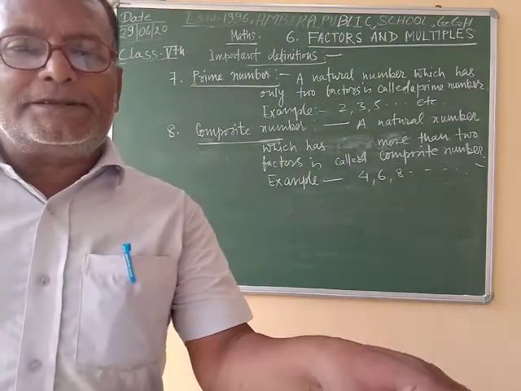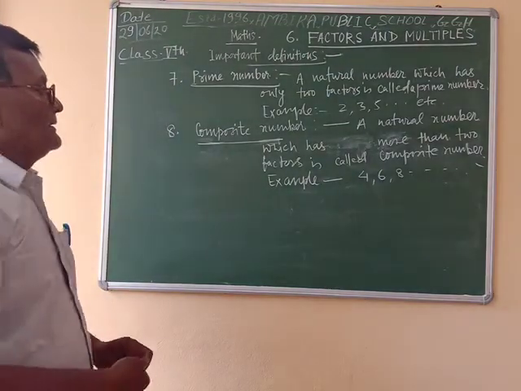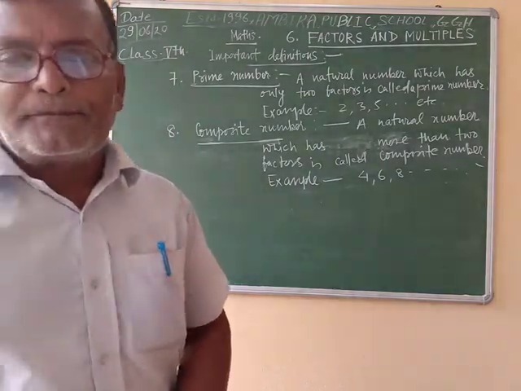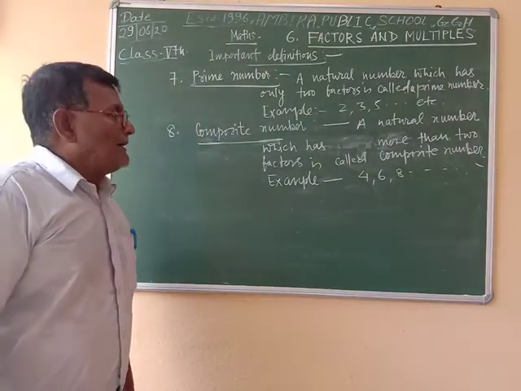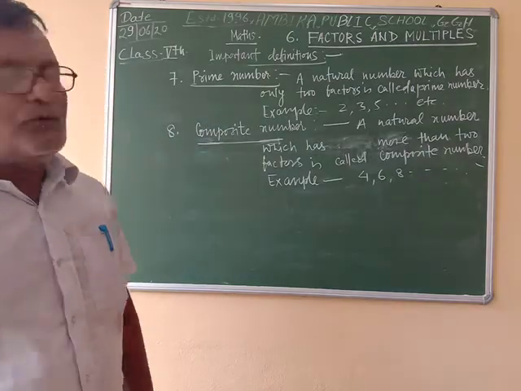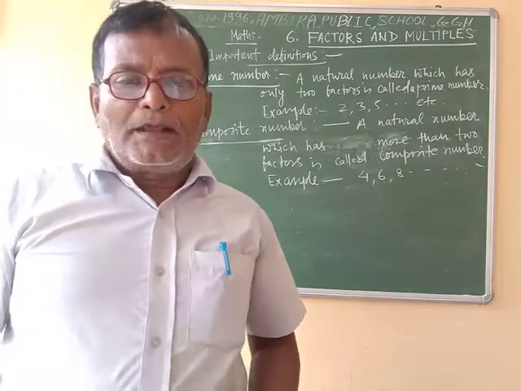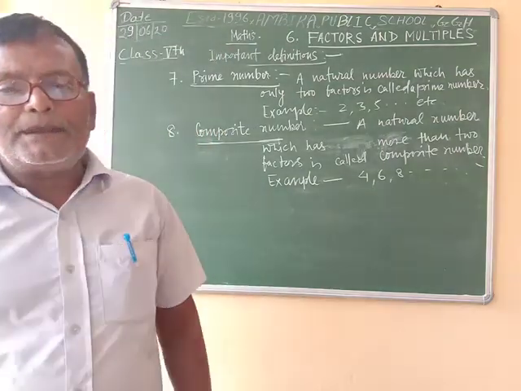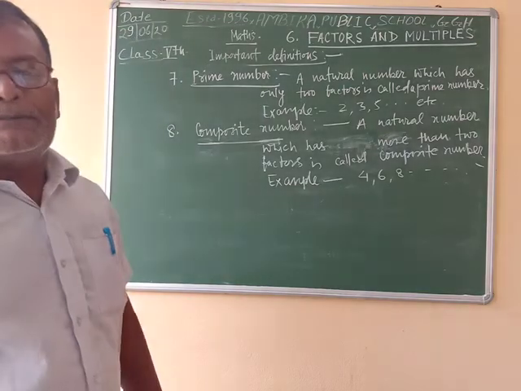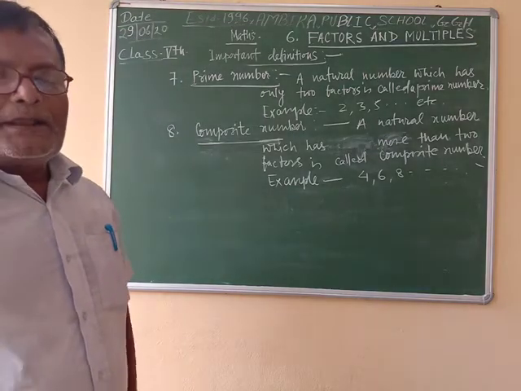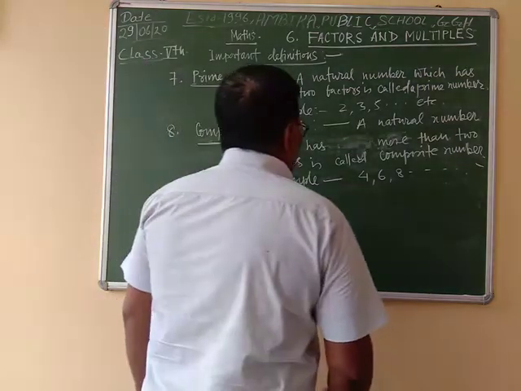First of all, multiple. A multiple of a number is obtained by multiplying it by a natural number. जब एक संख्या को दूसरी संख्या से गुणा किया जाता है तो हम उस संख्या को का गुणक कहते हैं. As for example, if we multiply 5 into 1, we get 5.